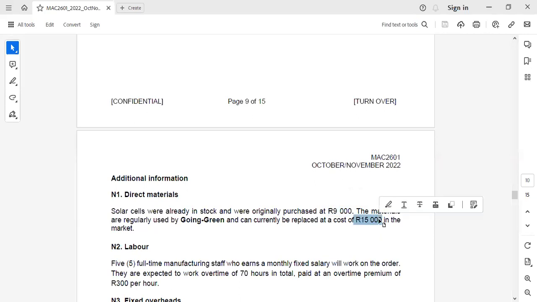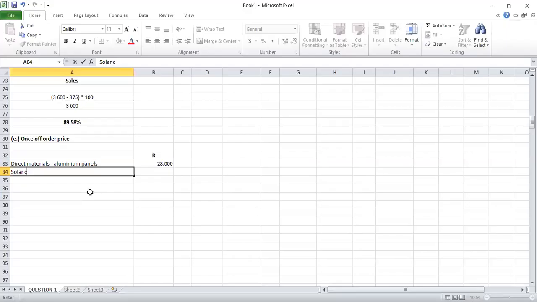Right. Remember what we said. So we'd say solar cells, original price is a sunk cost. We have already incurred it. We don't include it.